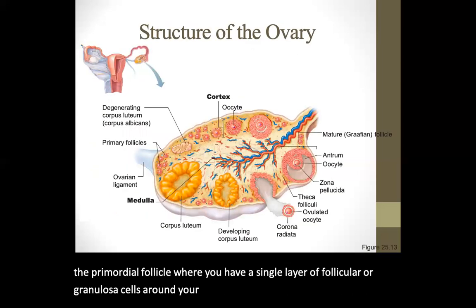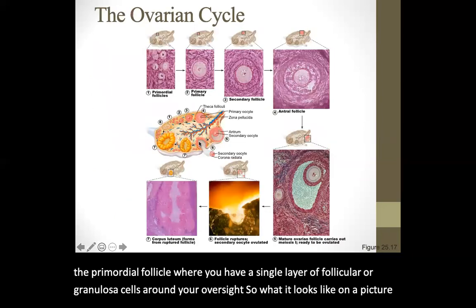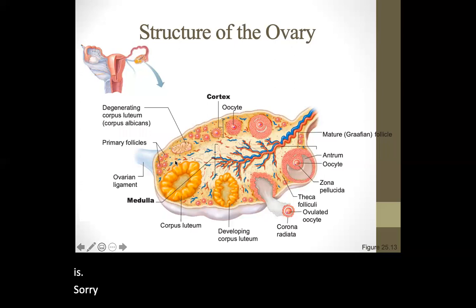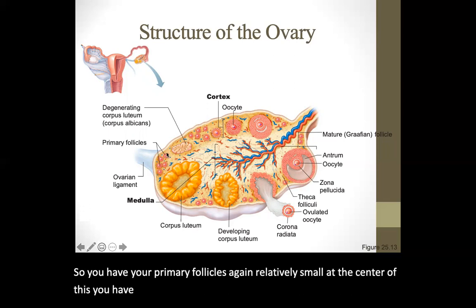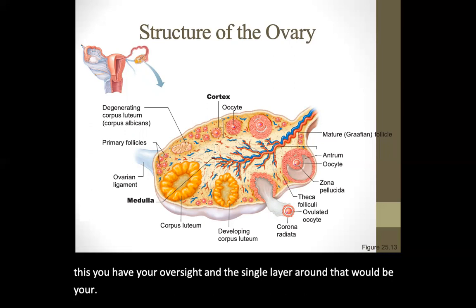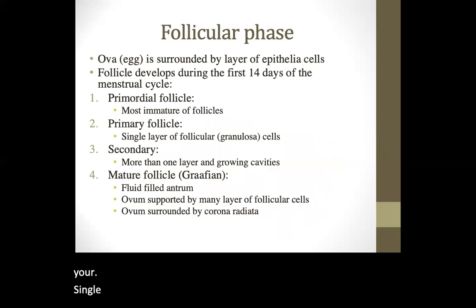So what it looks like on a picture is, sorry guys, back. So you have your primary follicles, again, relatively small. At the center of this, you have your oocyte, and the single layer around that would be your single follicular layer, which forms the granulosa cells.